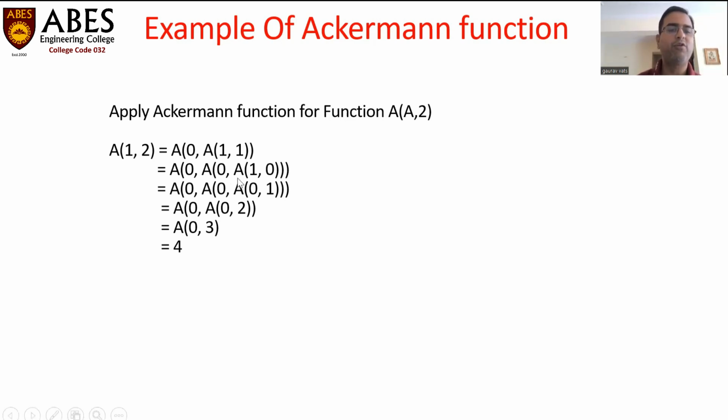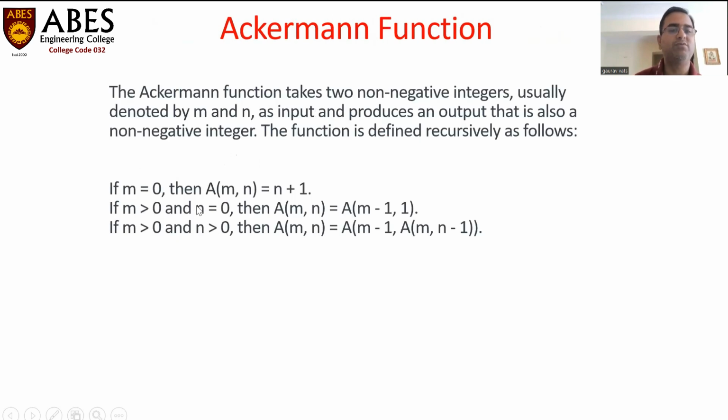In a similar manner, we have to compute A(0, 1). Now you can see that the value of m is 0, but the value of n is greater than 0. Now it will follow the first condition. The value of m is 0, so A(m, n) will give you n plus 1.